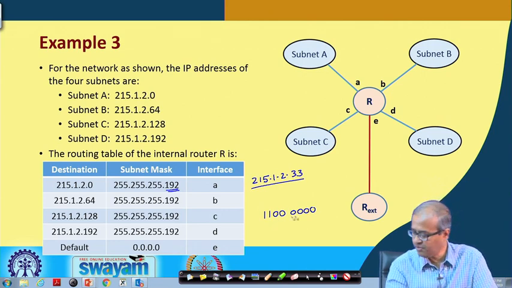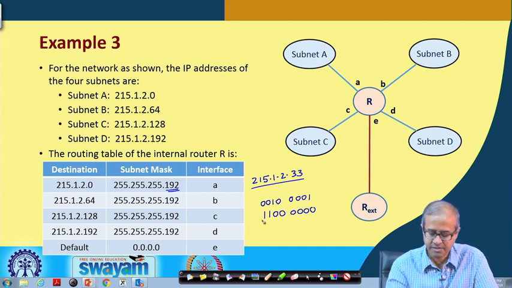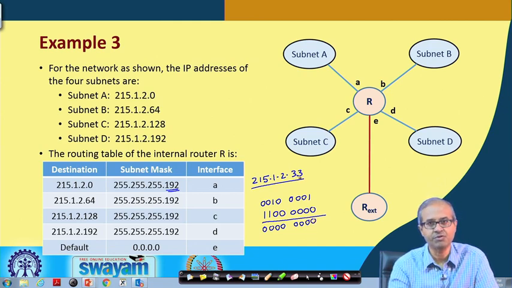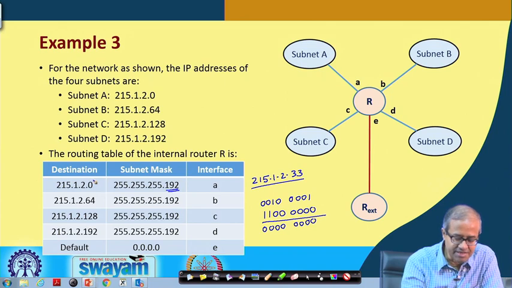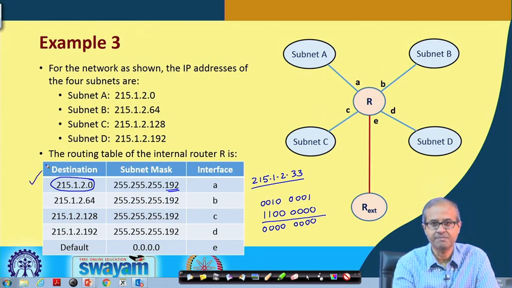Now, this 33 we will have to AND with this. What is 33? 33 is 0010 0001, that is 32 plus 1. If we do a bit by bit AND, it will become all zeros. So, the last byte will become 0. So, you see there will be a match with this 215.1.2.0. So, in the first row there is a match.